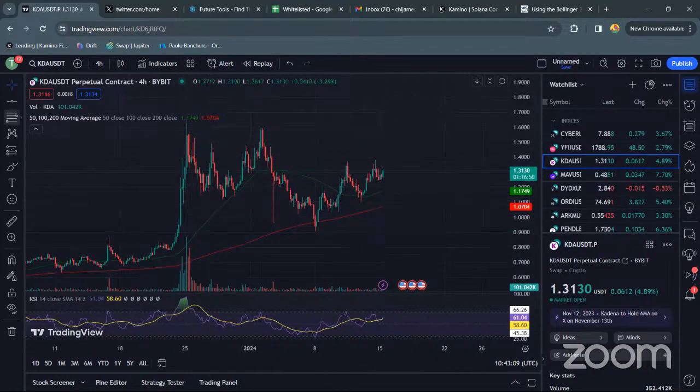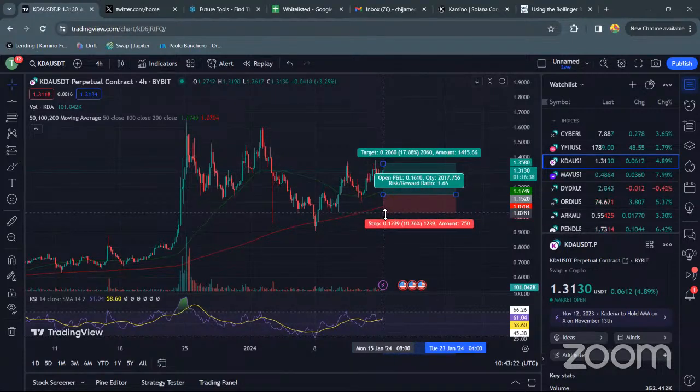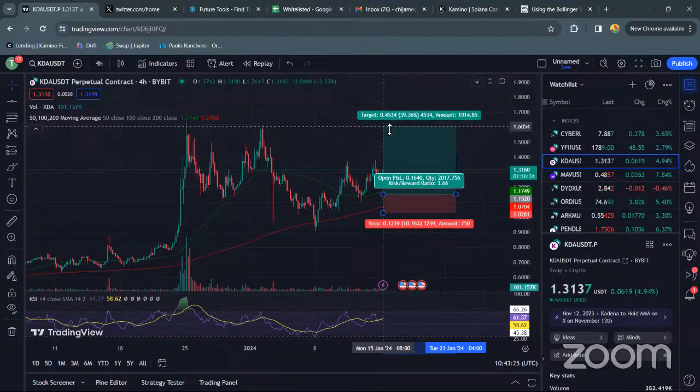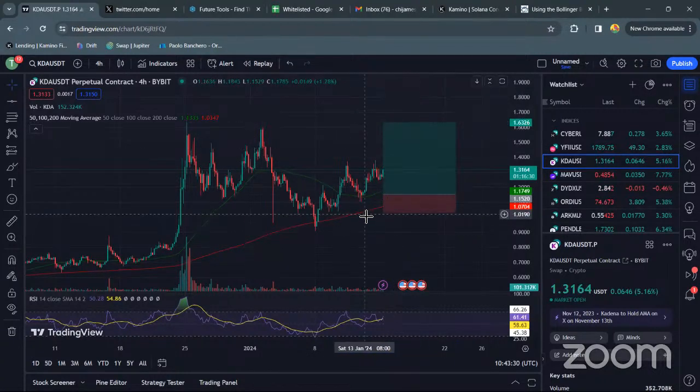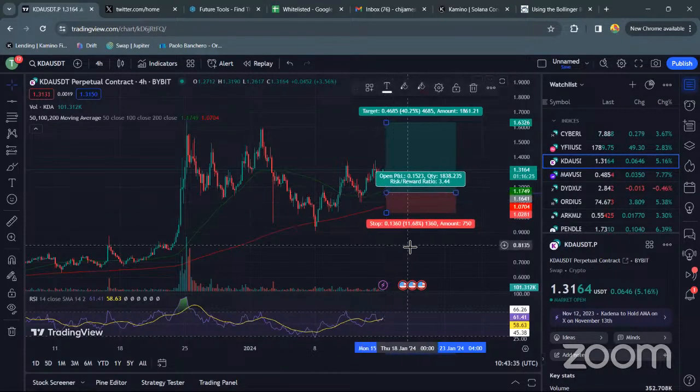I would be looking maybe to enter somewhere around here. I don't know if I want to trade it on futures right now, but maybe sometime in the future, and then back to its local high here. But it's also another good asset to trade on spot, right?